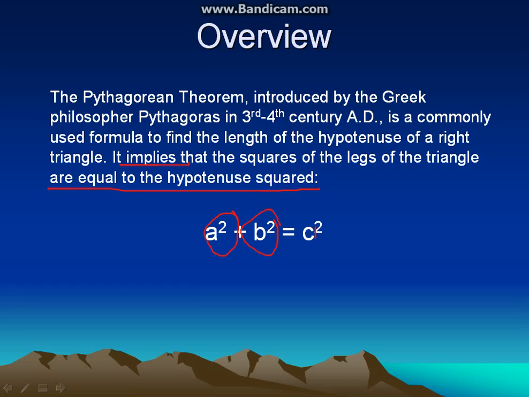This is the hypotenuse. This is the whole thing. But these are actually the sides of the triangle. You wouldn't write the side of a regular polygon as squared.